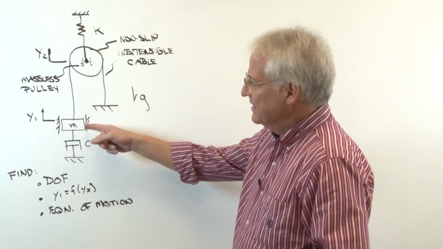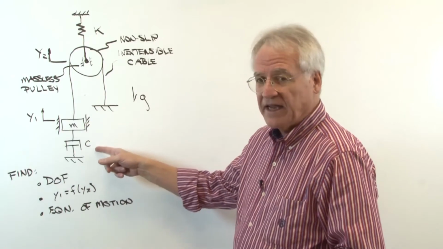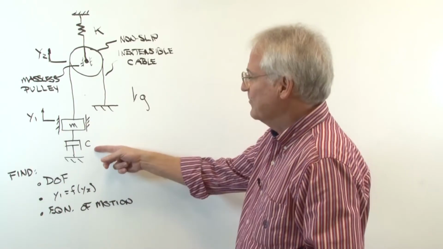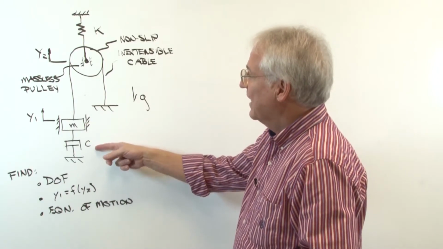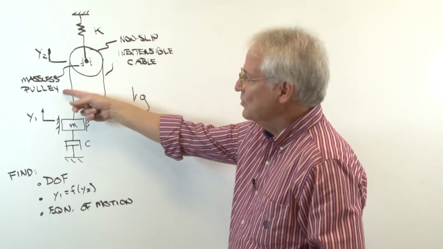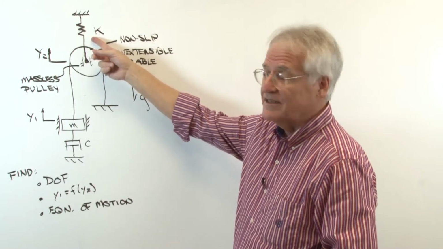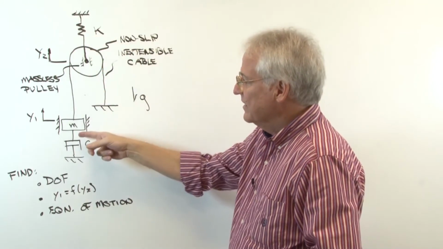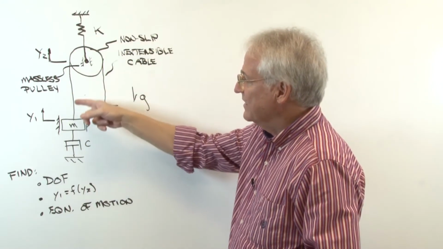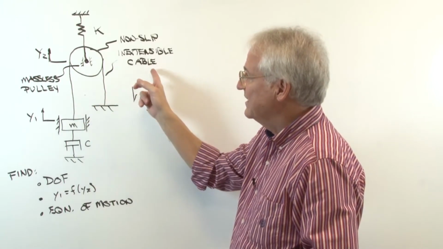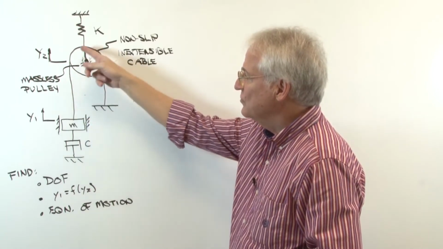So here's the problem. A mass is connected to the ground by a damper with damping coefficient C. A massless pulley is connected to the ground through a spring with constant K. The mass is connected by an inextensible cable to the ground.